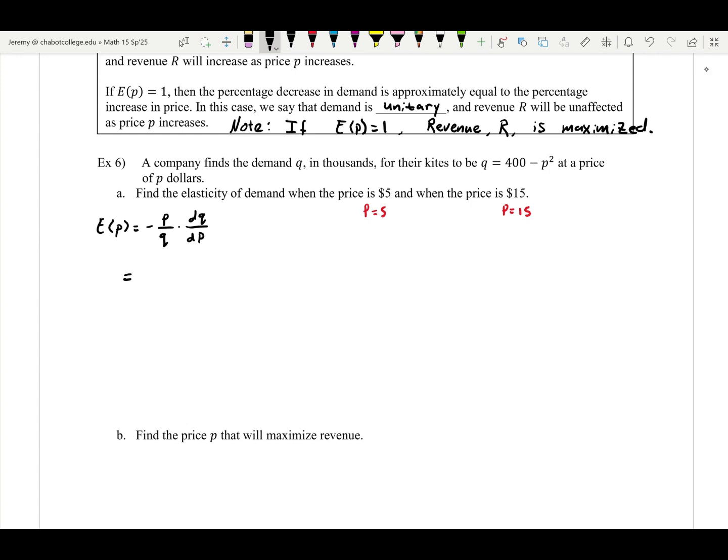So let's substitute in what we have for Q. So we'll leave this as negative P because P is our independent variable here. This will all be in terms of P when all is said and done.